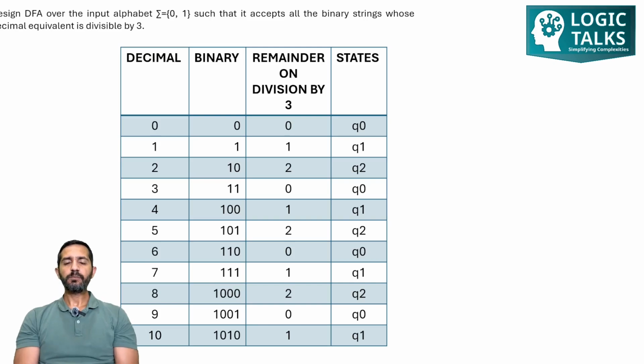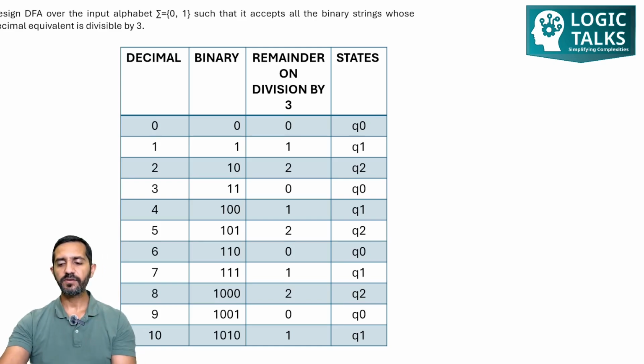If I have input 11, then it should lead me to state q0 because the remainder is 0. If I have input 100, then it should again lead me to state q1 because the remainder value is 1, as we can see in the table.